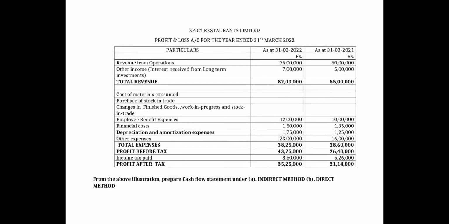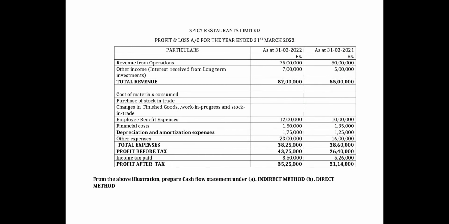Number 2, a decrease in the assets in the current year over last year results in an increase in cash flow. Point number 3, any increase in liabilities in the current year over last year results in an increase in cash flow. Any decrease in liabilities in the current year over last year results in a decrease in cash flow.